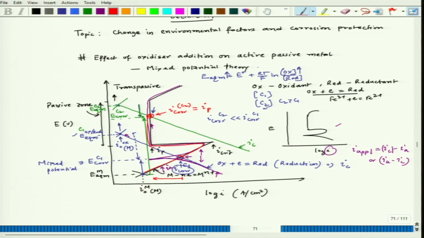Okay. So, when we have increased the concentration of oxidant, in case of active metal we could see the corrosion rate gradually increases, but here initially corrosion rate increases and then suddenly once the cathodic polarization line cuts the anodic line in the passive zone, we get stable passivity.